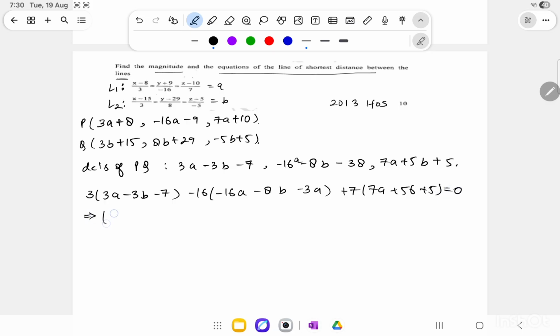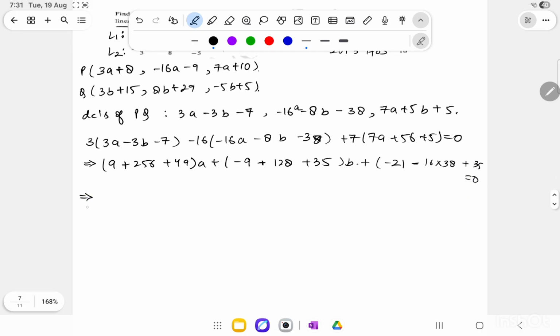And if I simplify this, I'll get 9 plus 256 plus 49, coefficient of a, and minus 9 plus 16 into 8, that is 128, plus 35, coefficient of b, and minus 21 minus 16 into 38 plus 7 fives are 35 equals 0.